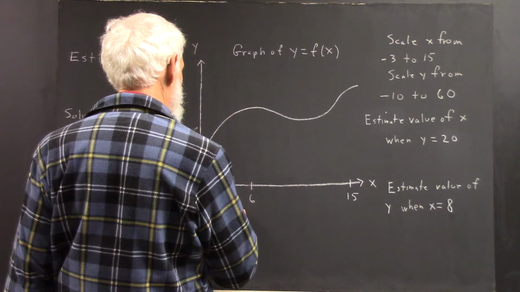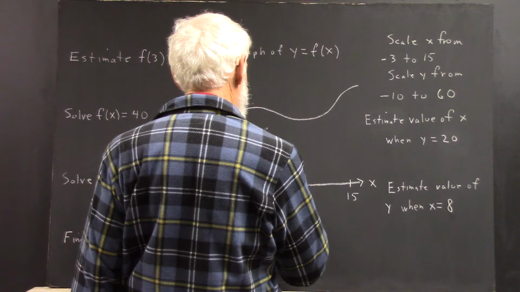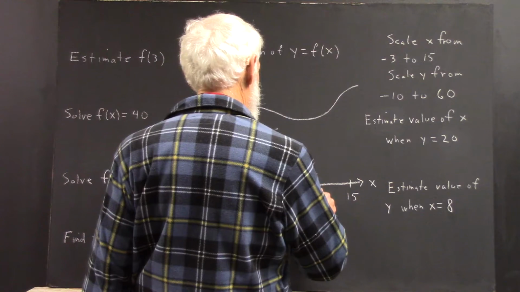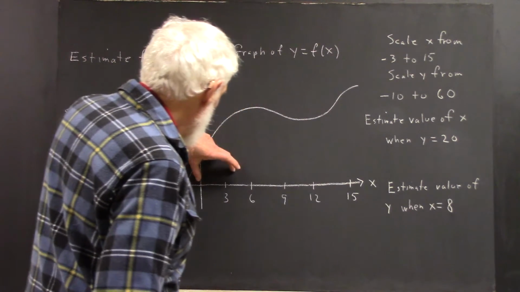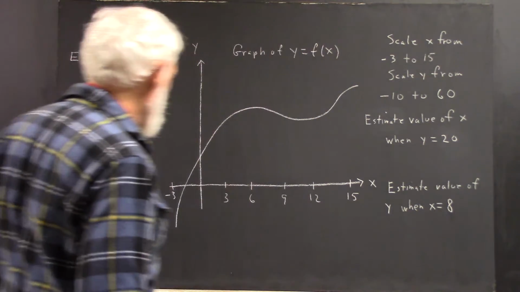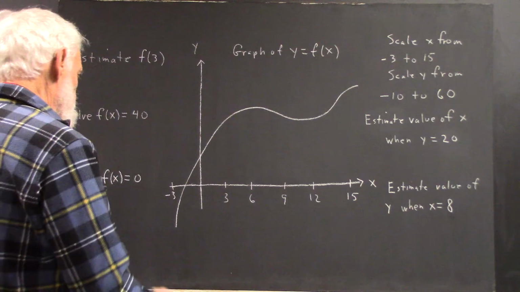We'll make this 3. That's not much different than what I've already done. And then we'll have 9 here and 12 here. Well, that gap's a little bigger than this one, but we're going to go with it. I didn't do a very good job of scaling that. Could have done a little better.